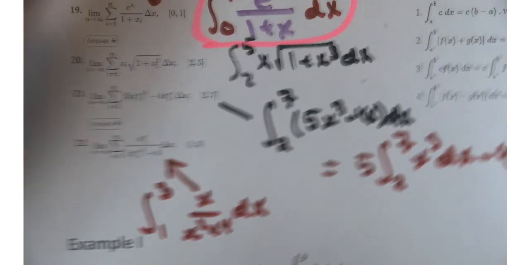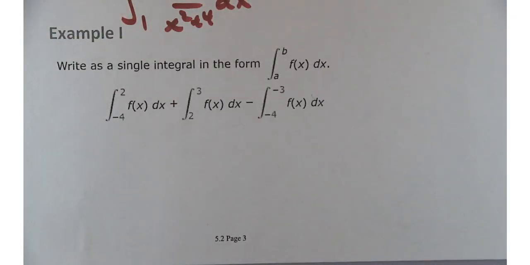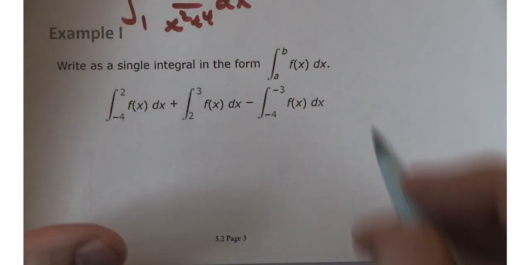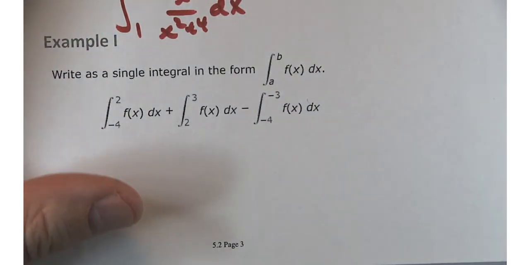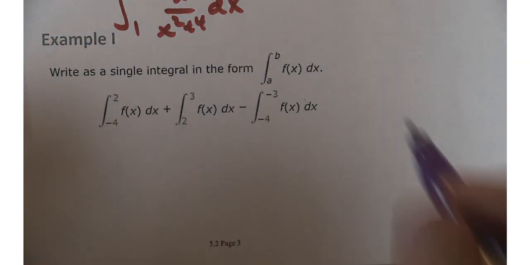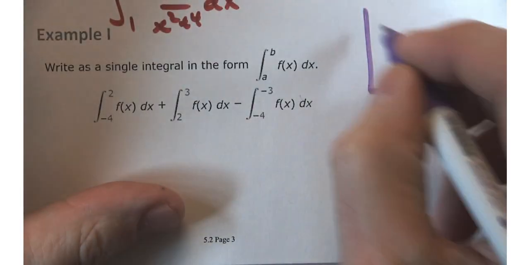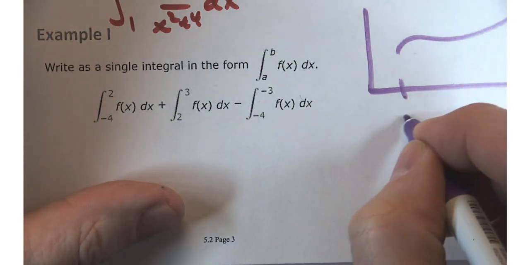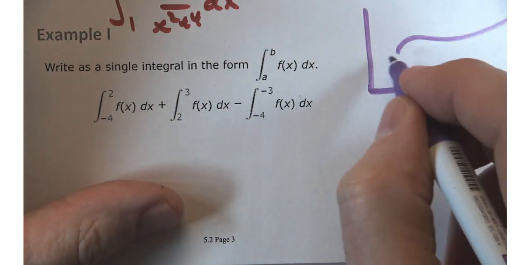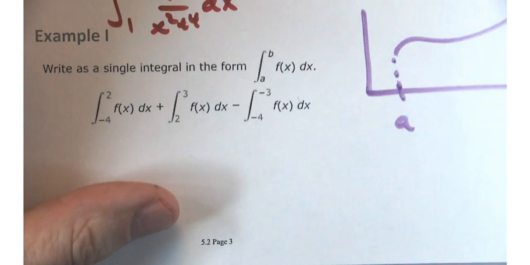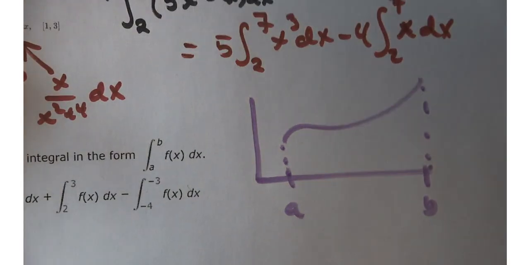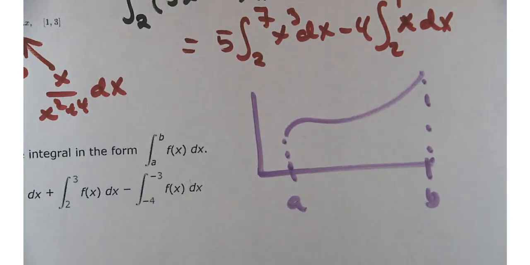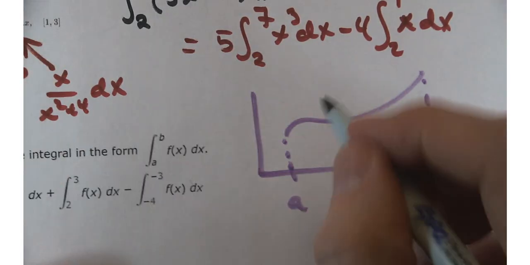Let's keep going. Example I. Let me try and give you a visual understanding of one of the rules that we're going to use in example I. Let's suppose you have an integral from a to b, so this is y equals f of x.